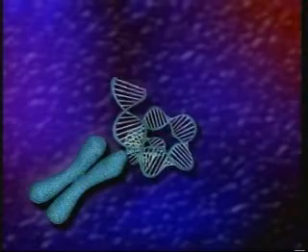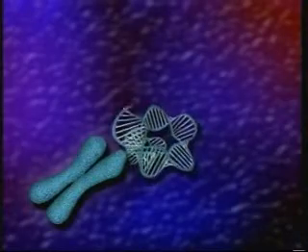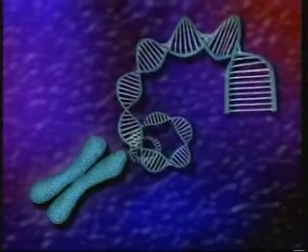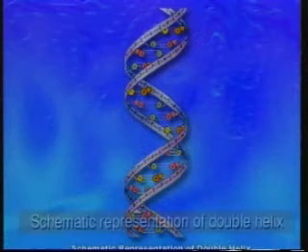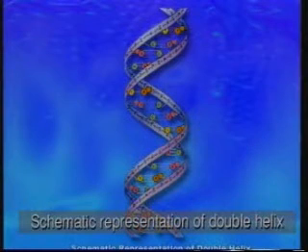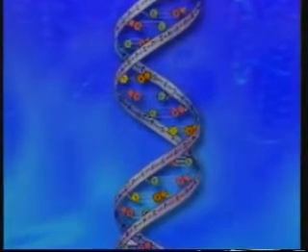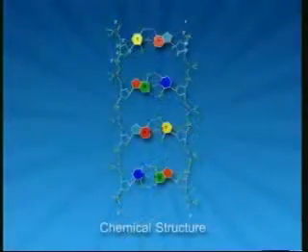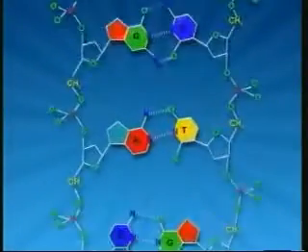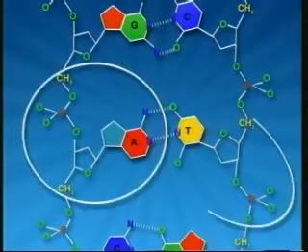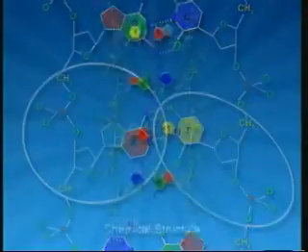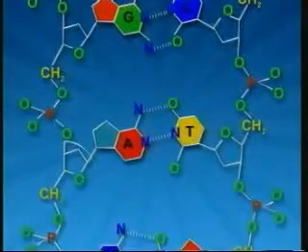As described by James Watson and Francis Crick in 1953, each DNA molecule contains two strands entwined to resemble a double helix or a spiral ladder. Each strand of the ladder has a long chain of nucleotides, and each nucleotide is made up of 3 subunits.